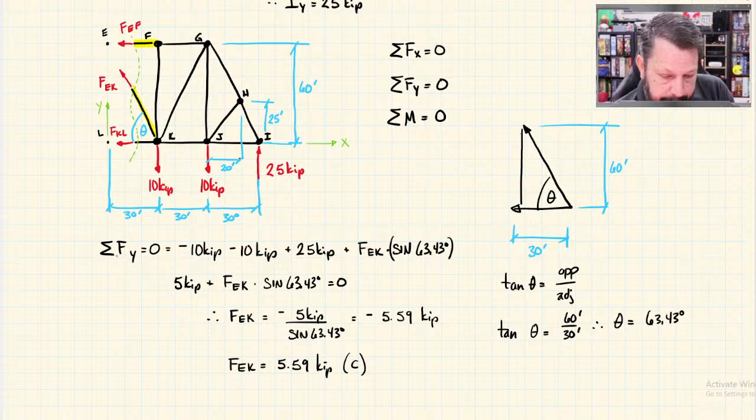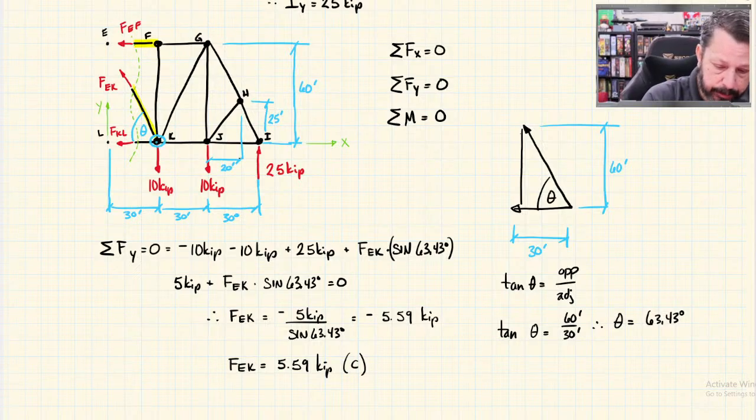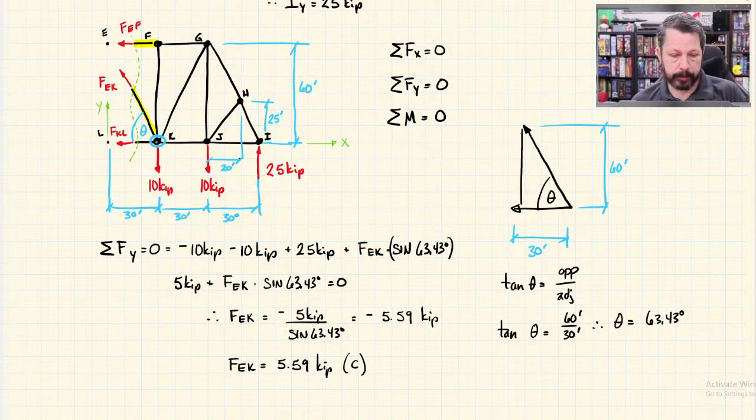It's particularly easy with trusses because you label the joints, and I don't want to solve for EK or KL. They both have K in their name. So if I sum moments about K, neither one of those will be in the equation.